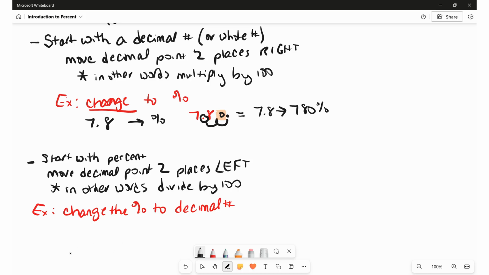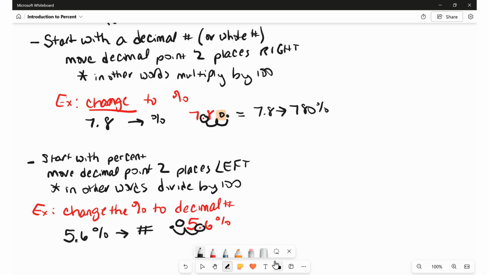Let's change 5.6% to just a number. You have your 5.6%. We're going to take this decimal and move it 1, 2 to the left. Again, we have this open space, so we have to put this 0 in here.